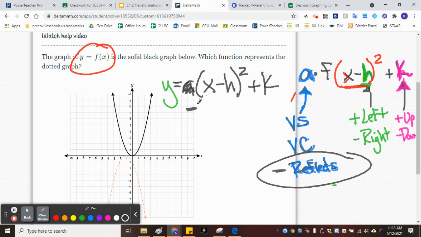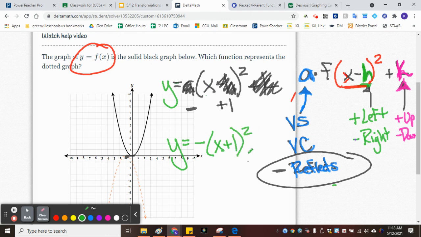That's how you get it to reflect down. It was moved left 1. Left is positive. Where H is. And then it wasn't moved up or down, so K goes away. So your equation, what we're left with, is y equals negative x plus 1 squared.